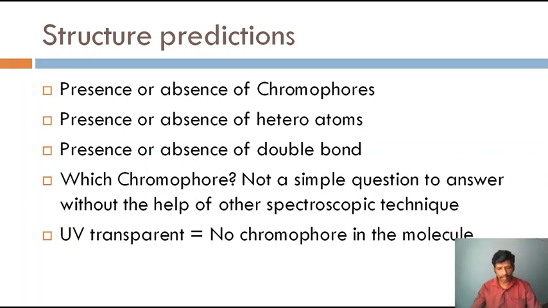Once you elucidate the structure, you can reason out why it absorbs in this region and make many calculations. But before knowing the structure, predicting that a particular group is present in a molecule by seeing the UV visible spectrum is not a simple thing, because there are overlaps, which I will show in the coming spectrum.